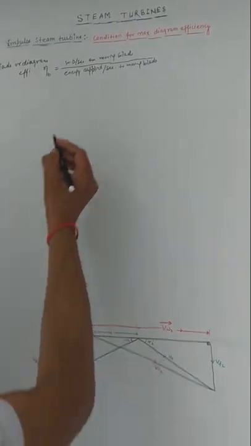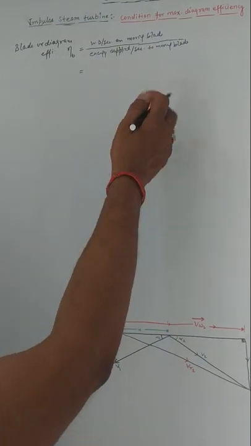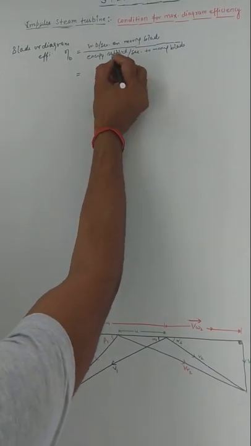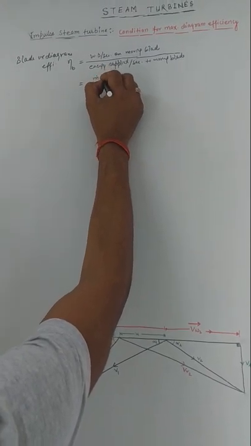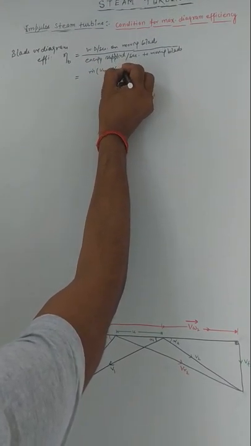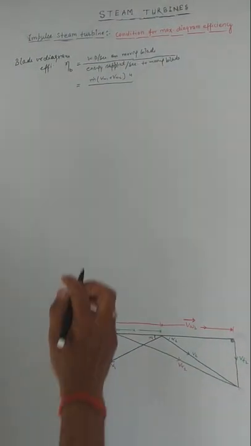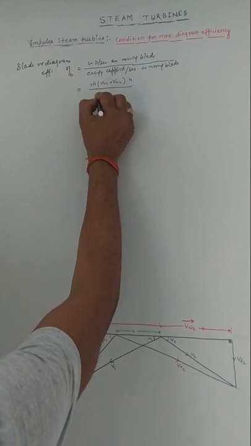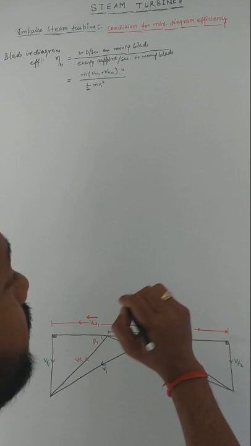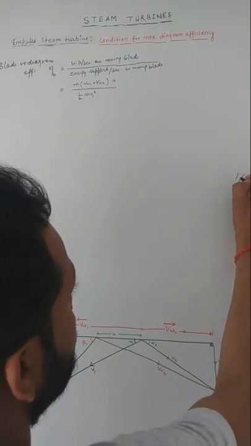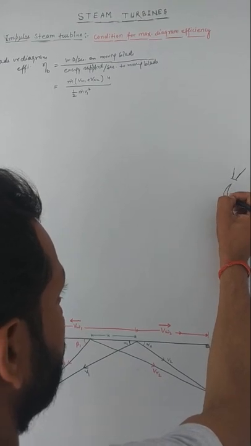So it can be written as, because work done per second on the moving blade we have calculated in the previous lecture, that is m dot (Vw1 + Vw2) times u, divided by the energy supplied to the moving blade. Energy supplied to the moving blade is written as half m V1 square, because as we know there is a nozzle and there is a moving blade.